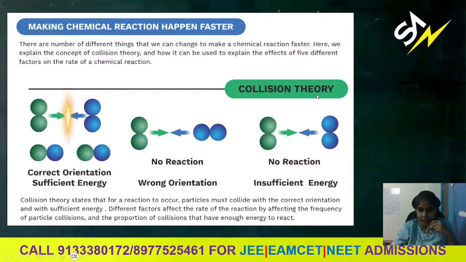If the orientation happens in this way also, it is a wrong orientation because it has insufficient energy, so there will be no formation of products in such collisions. Only the collisions with a successful orientation and with a good amount of energy will result in the formation of products.